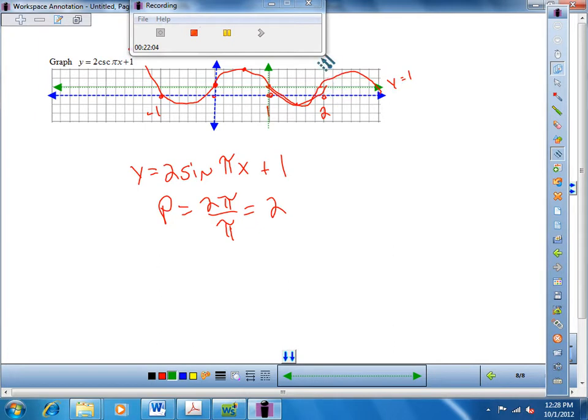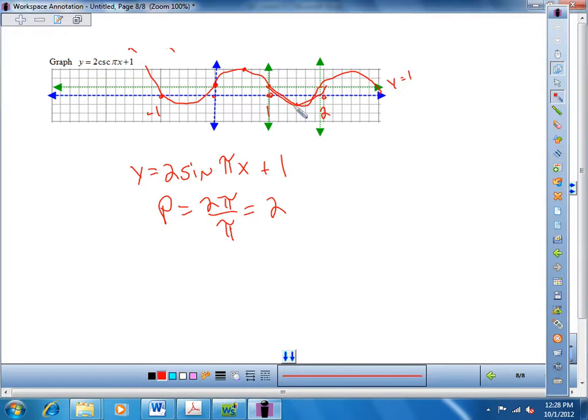So there's an asymptote here, there should be an asymptote here, and then you sketch in your cosecant function. The minimum of the cosecant function is where the maximum of the sine function is, and the maximum of the cosecant function is where the minimum of the sine function would be. I'm not worried about specific values, just so long as you can show me that you understand where the asymptotes are, the period, and the zeros and stuff like that.